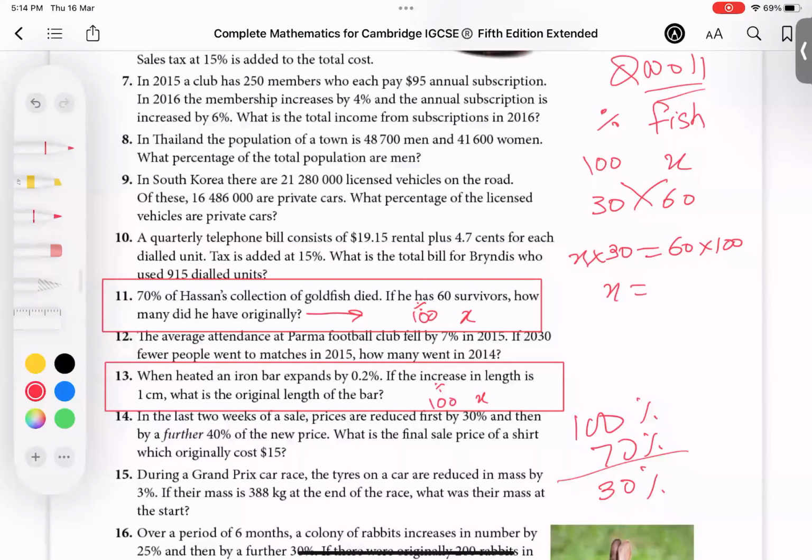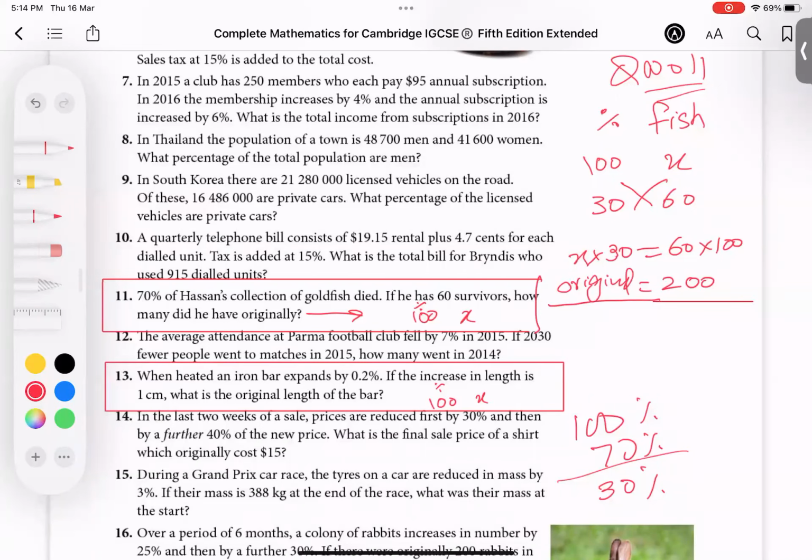So this 30 goes there. So 6000 divided by 30, and the answer is 200. It means originally there were 200 fish in the beginning.